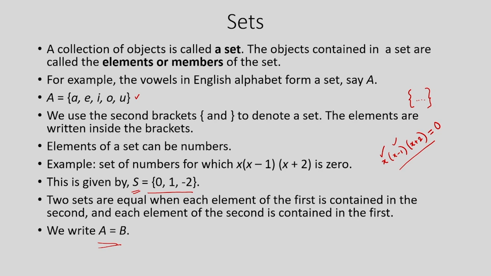If I pick up any arbitrary element of the second set, then that element is present in the first set as well, and then we write A is equal to B, where A and B are two different sets.